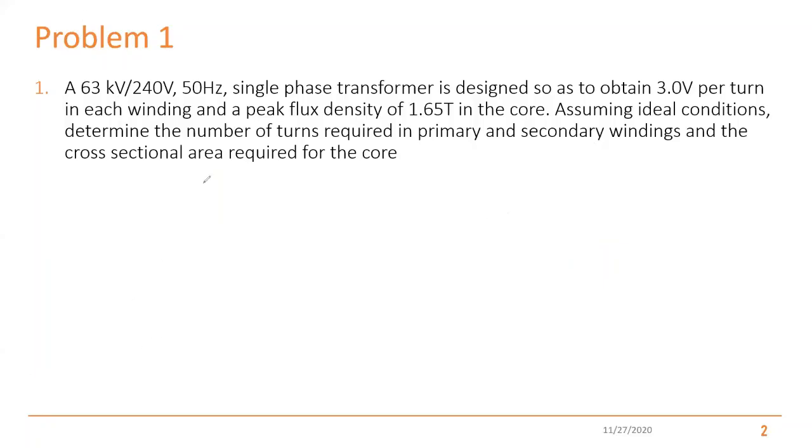This is very straightforward. At the primary, the requirement is we have to obtain 63 kV. It is given that the volt per turn we have to maintain is 3 volt. Therefore, the number of turns in the primary is E1 divided by the volt per turn value. I need 63 kV, and for a single turn the voltage is 3.